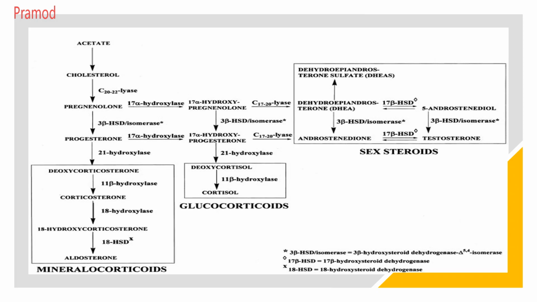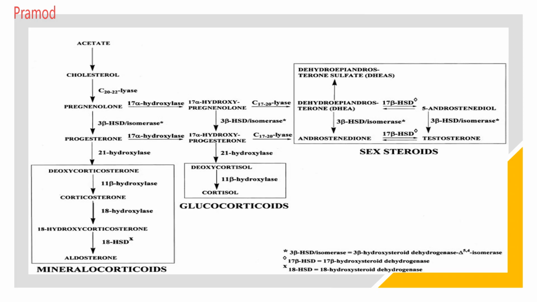Okay, now this 17 hydroxy pregnenolone gets converted by breaking the bond between 17 and 20. This lyase enzyme breaks the bond and the entire side chain is removed.